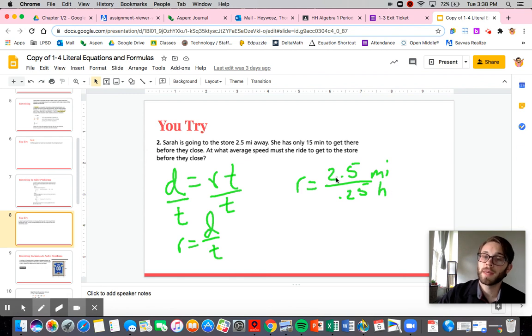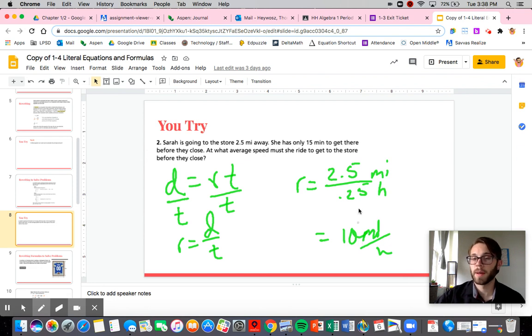So now we end up with 2.5 over 0.25, and if we were to do that out, that would end up being 10. So it'd be 10 miles per hour.